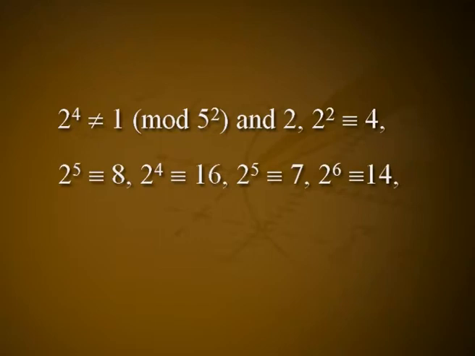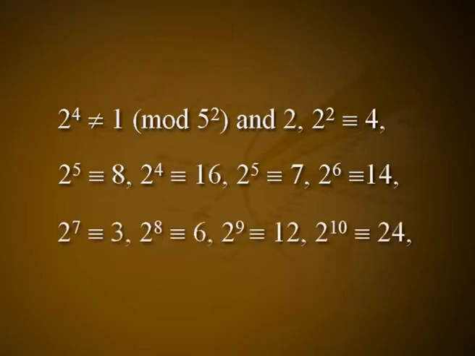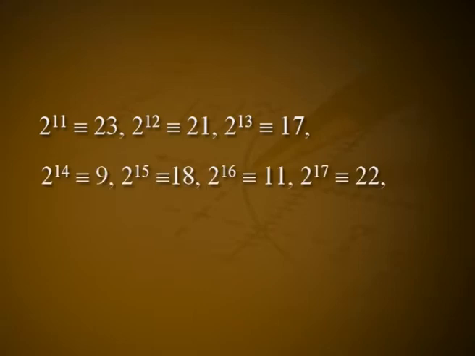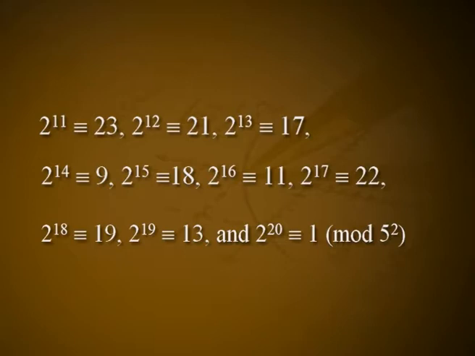2 square congruent to 4, 2 raised to 3 congruent to 8, 2 raised to 4 congruent to 16, 2 raised to 5 congruent to 7, 2 raised to 6 congruent to 14, 2 raised to 7 congruent to 3, 2 raised to 8 congruent to 6, 2 raised to 9 congruent to 12, 2 raised to 10 congruent to 24, 2 raised to 11 congruent to 23, 2 raised to 12 congruent to 21, 2 raised to 13 congruent to 17, 2 raised to 14 congruent to 9, 2 raised to 15 congruent to 18, 2 raised to 16 congruent to 11, 2 raised to 17 congruent to 22, 2 raised to 18 congruent to 19, 2 raised to 19 congruent to 13 and 2 raised to 20 congruent to 1 mod 5 square. 2 is a primitive root mod 5 square.